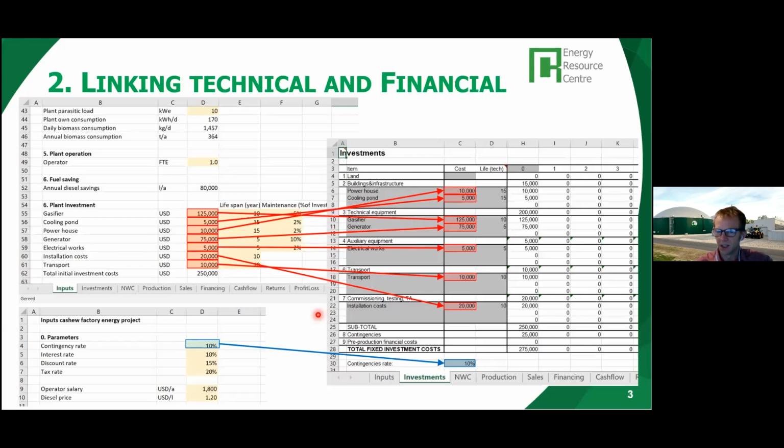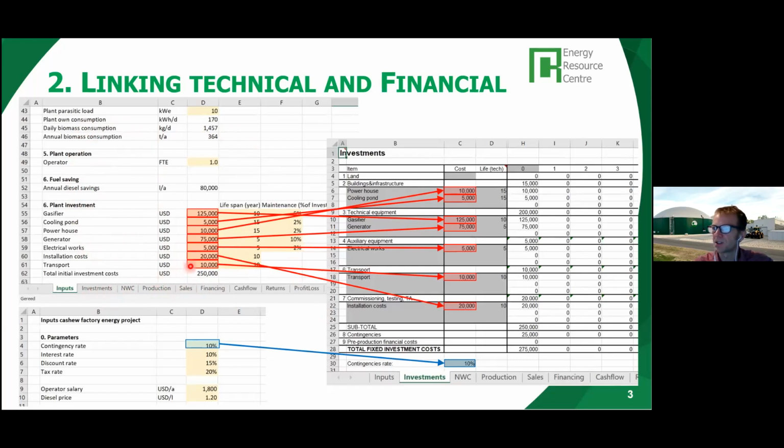Now, in order to do this, first of all, what was necessary was to make linkages between the technical model, which you see in the left-hand screen here, and the financial model. So, the different tabs in the Excel file.